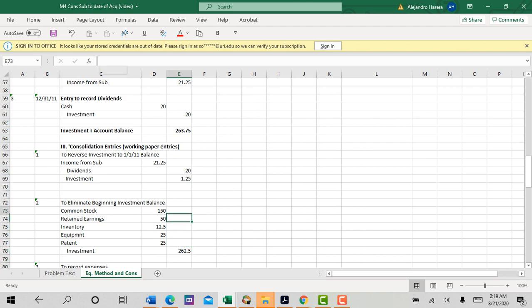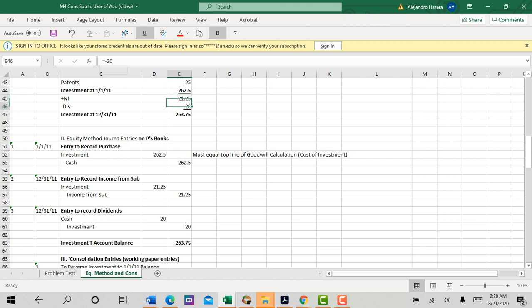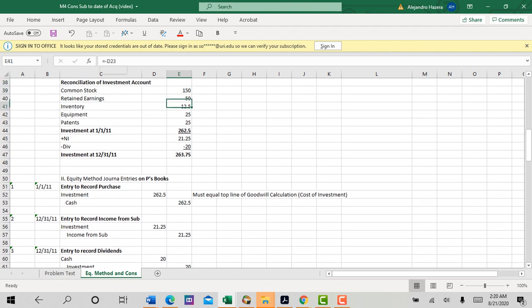So when we credit investment for 262.5, we will have an investment balance of 0. We took out 1.25 here, and that reduced it to 262.5, which is the beginning balance. And then we just credit the beginning balance and debit these items. Entry 2 is eliminating the subsidiary's common stock and retained earnings, and finally we're writing up 3 assets.